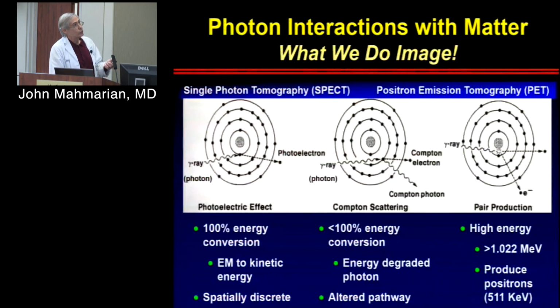Now, what do we image? What we actually do image is we image something called the photoelectric effect, and we image something called Compton scattering. Now, photoelectric effect is when a photon goes in and actually hits an electron and knocks that electron out as a photoelectron.